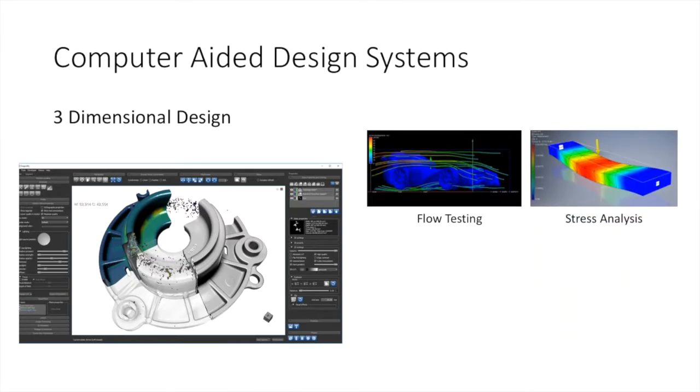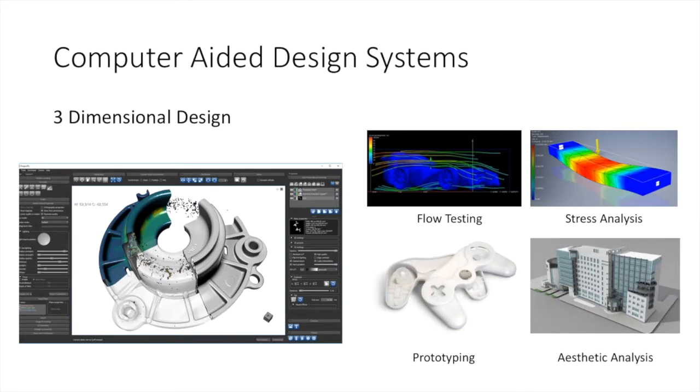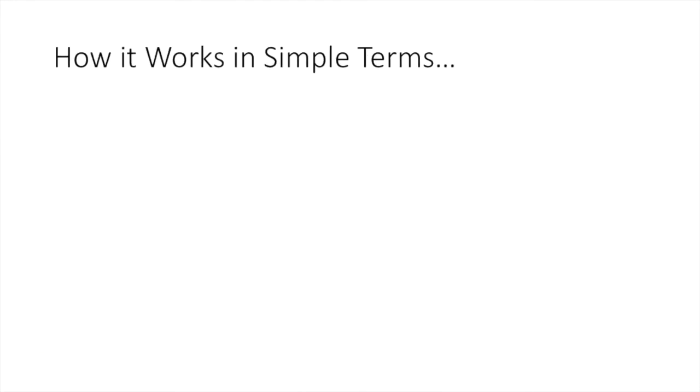We can apply a stress analysis, which will tell us where the product will stress or strain or collapse or fail. We can also do solid prototyping, which we can give to users to tell us direct feedback on how they feel the product performs. And we can also use aesthetic analysis to tell us how a product looks and how we can improve the product. These methods are cheaper than the alternative of actually manufacturing the product.